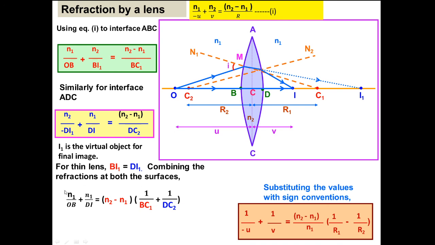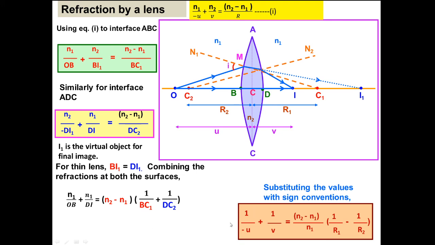If we combine these two, what will be N1 by OB plus N1 by DI? Because we are considering B and D on a thin lens, they are very close, so these two will cancel out, equal to N2 minus N1 into 1 by BC1 plus 1 by DC2.